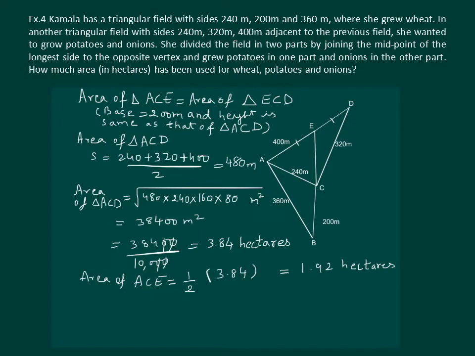And similarly, area of triangle ECD will also be 1.92 hectares. So we can say that the area where potatoes and onions are grown is 1.92 hectares each.